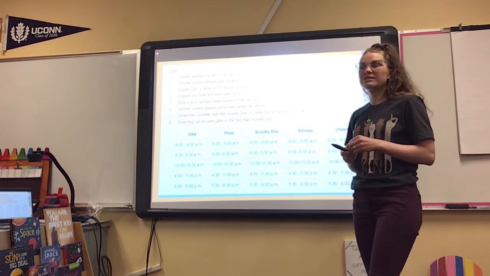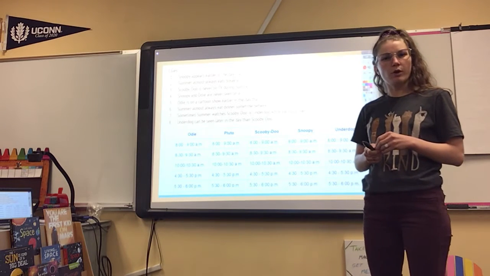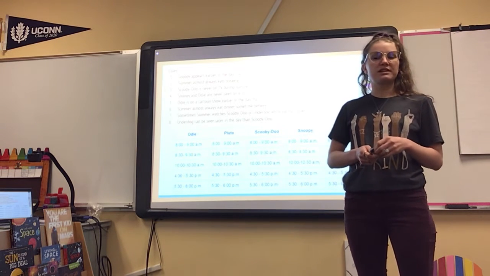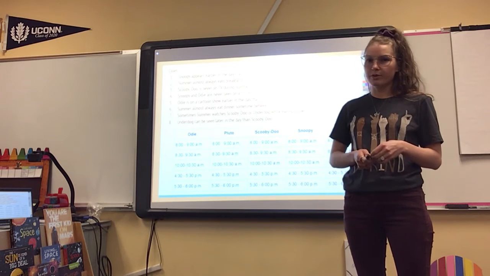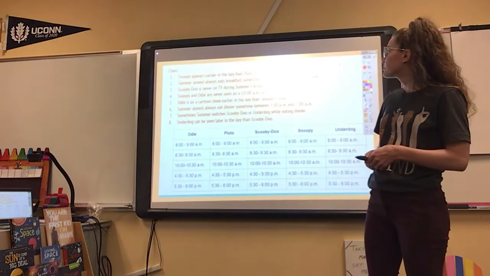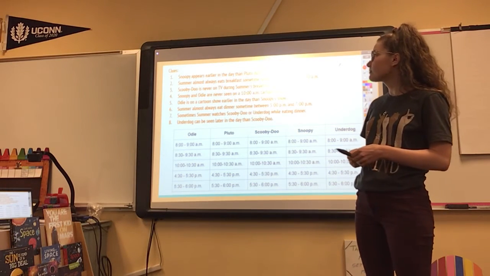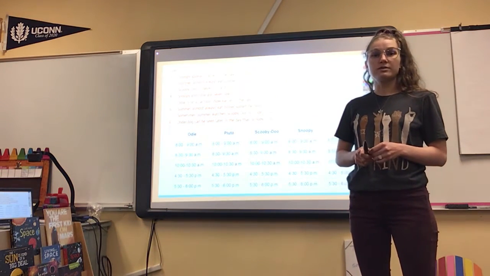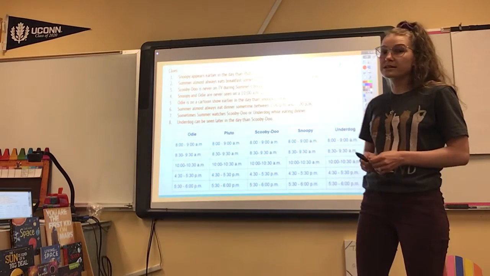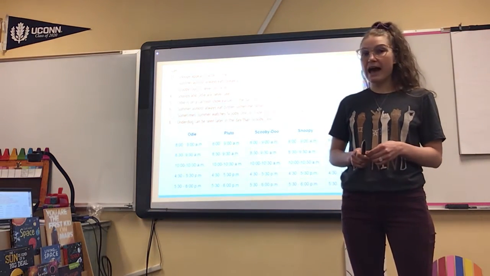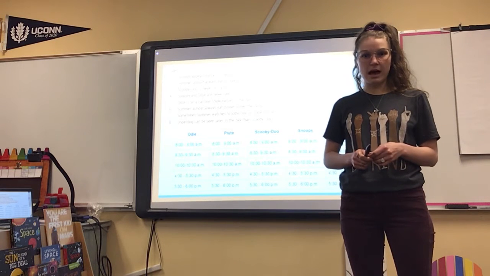So if Snoopy is earlier in the day than Pluto, are there any time options that I can eliminate for either Snoopy or for Pluto? If Snoopy is earlier than Pluto, then I know that Snoopy cannot have the latest time slot.